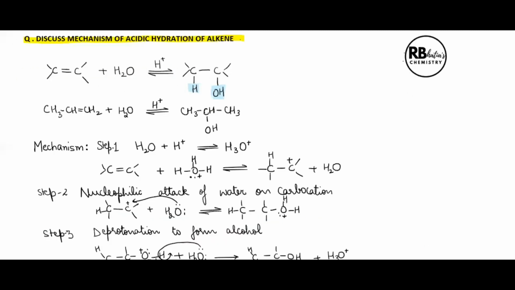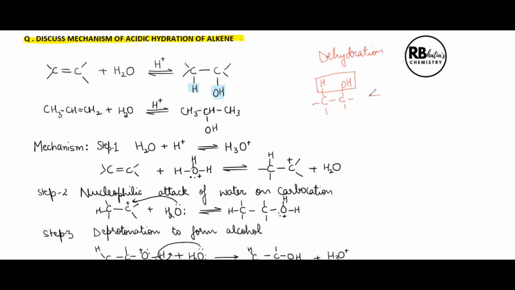The second question is, discuss the mechanism of acidic hydration of alkene. Just remember one point you must keep in mind. Dehydration is done on alcohols. De means loss, hydration means hydra means water.